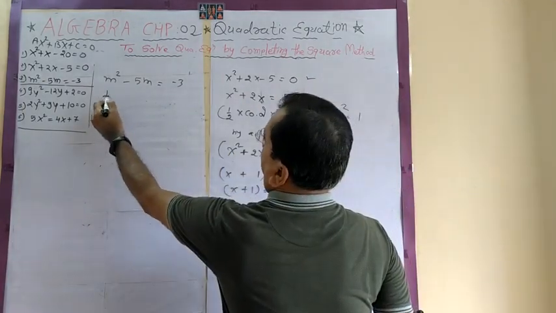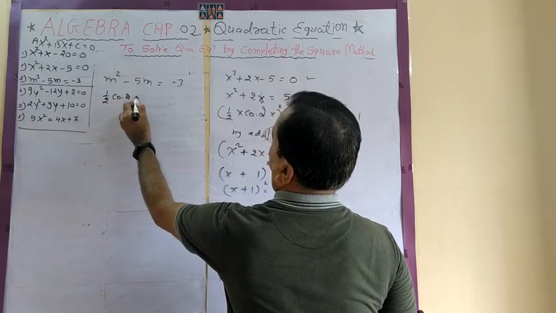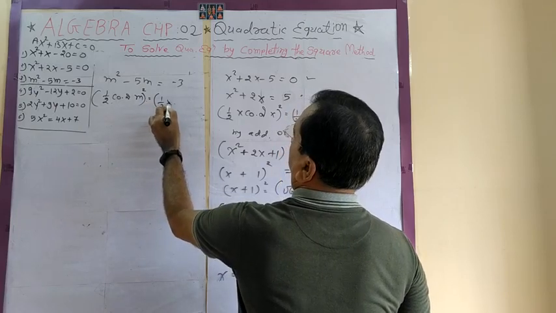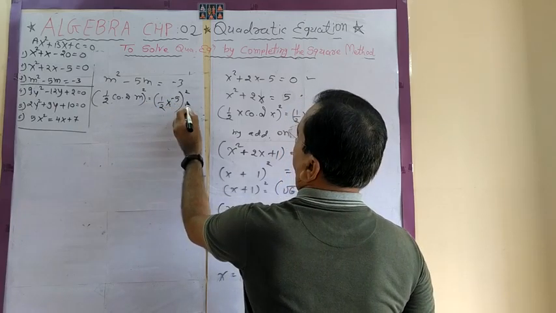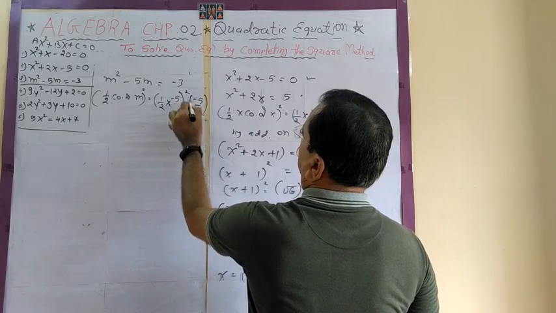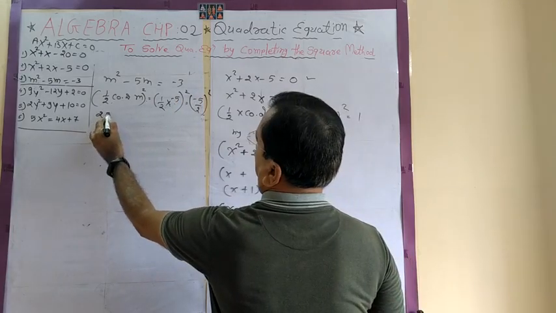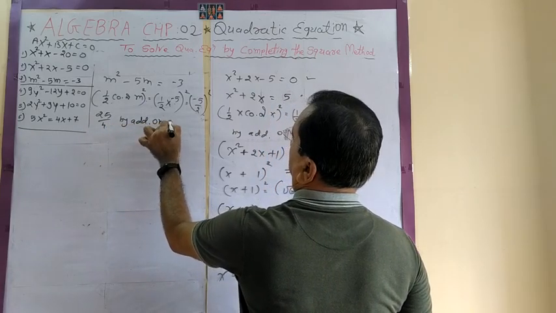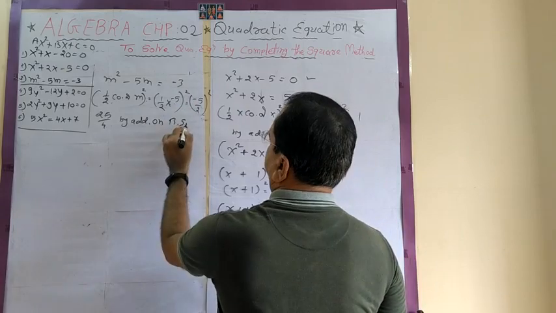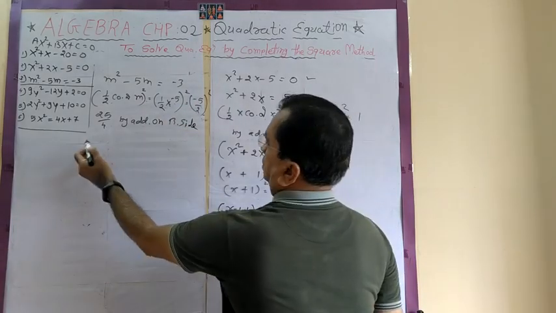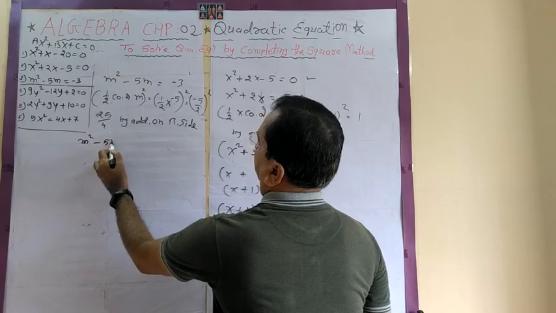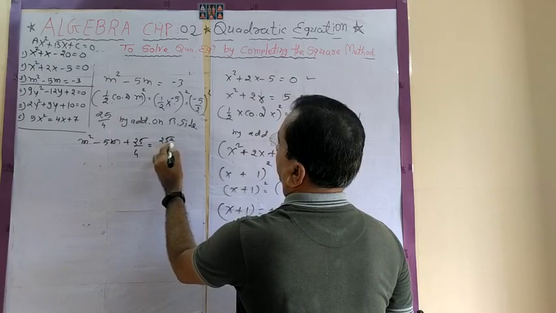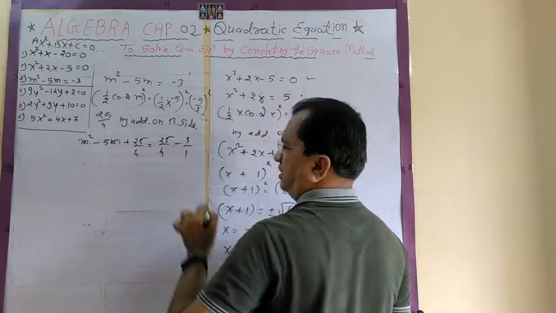Now half into coefficient of m, half into minus 5 square, minus 5 by 2 square, that is what? 25 by 4. By adding on both the sides. So m square minus 5m plus 25 by 4 equals 25 by 4 minus 3 by 1.